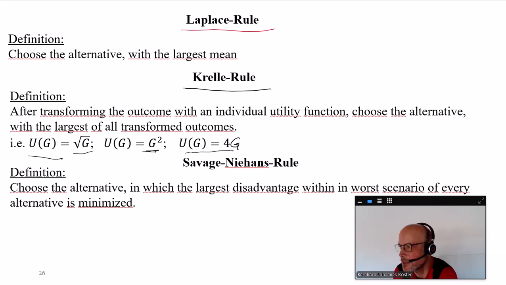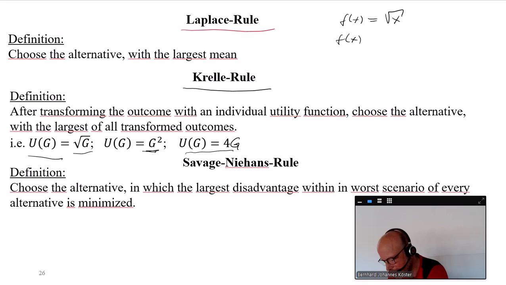Have you talked about this in other lectures? So what the curvature of the utility function has to do with decisions? How does f of x equals square root of x, f of x equals x squared, and f of x equals 4 times x look like? How do these functions look like?